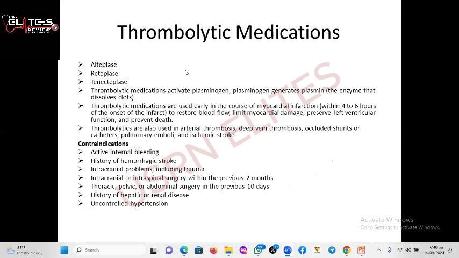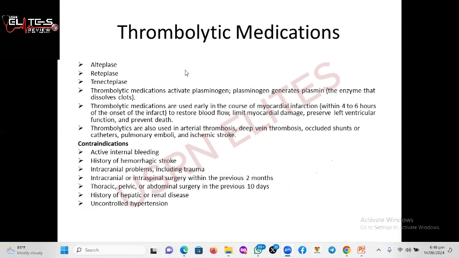Now, the last time I was asking, what is the difference between the anticoagulants and the thrombolytics? The thrombolytics actually dissolve clots. So if a clot has been formed and they want to dissolve it, it is a thrombolytic that they will give to help dissolve the clot.